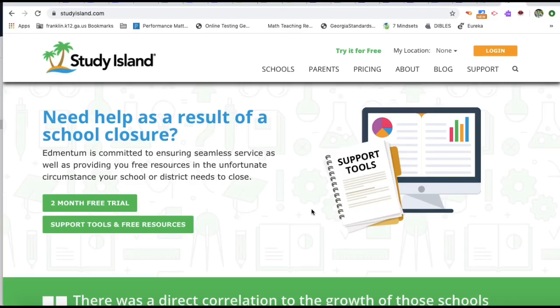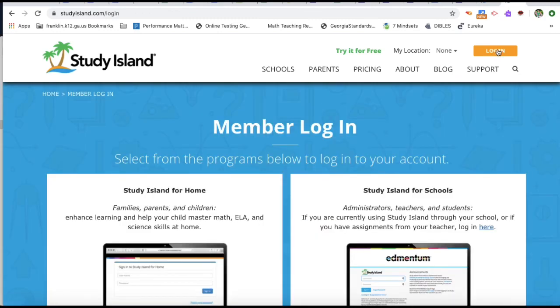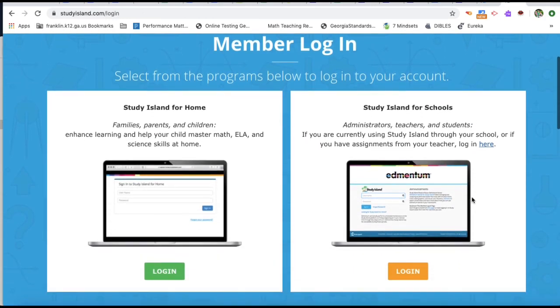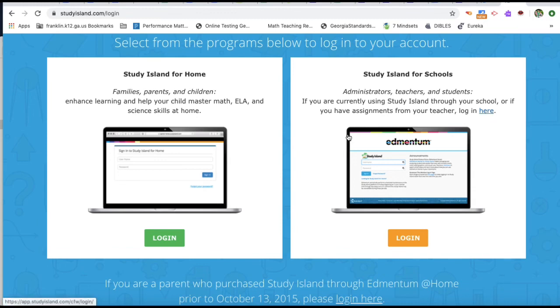Show you how to log into Study Island from home. All you need to do is go to studyisland.com and we will link that in today's work for you. You hit log on. Same thing as whenever we're at school, you come down to the yellow or orange, whatever color you call that. Hit log on there because this is Study Island for schools.